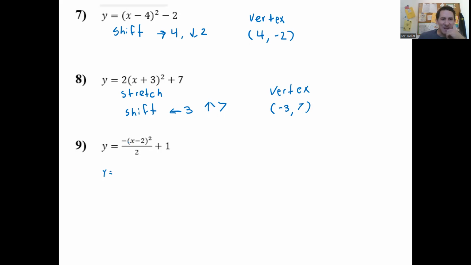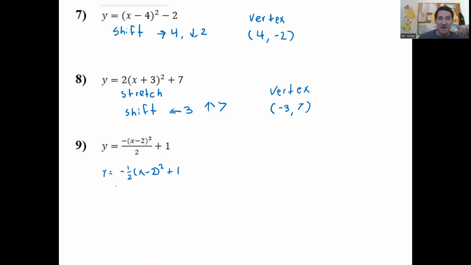So here, this one looks tricky. If we actually rewrite this portion as a -1/2, it's a little bit easier to see what's going on with that value there. So negative over the 2, I can change that to a -1/2, and it's the same thing.